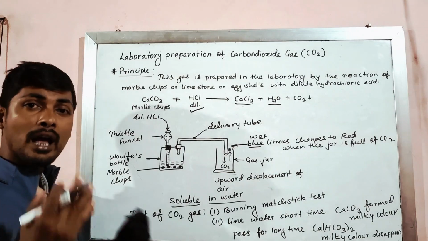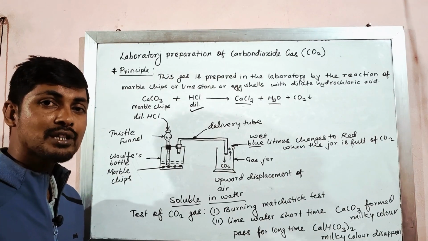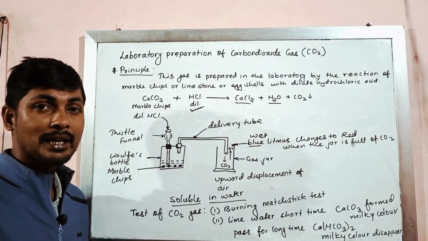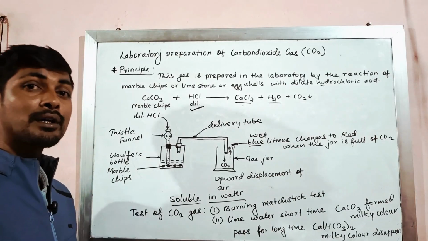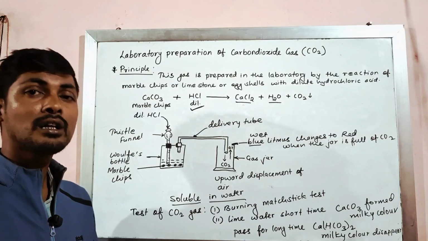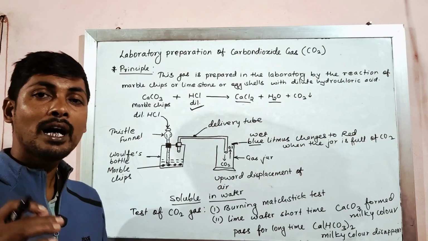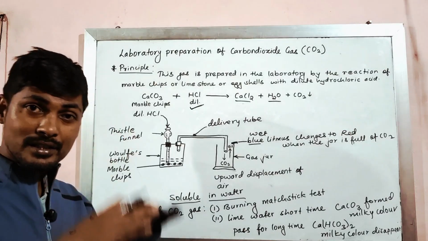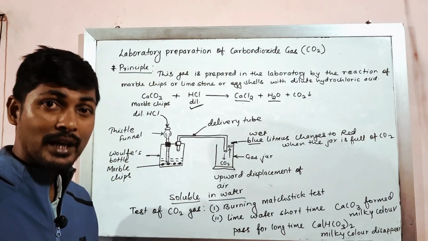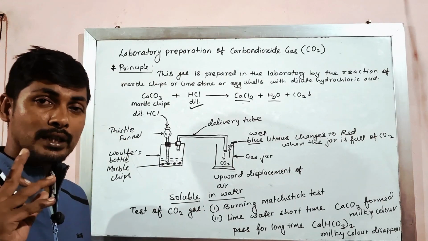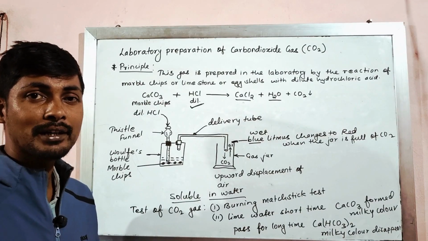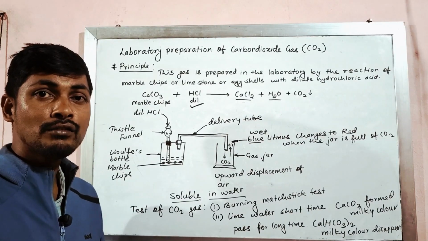Carbon dioxide is nearly 1.5 times heavier than air. Due to this property, it is used as a fire extinguisher gas. Since it settles down and cuts off the supply of oxygen to the fire, it acts as a blanket on the fire.